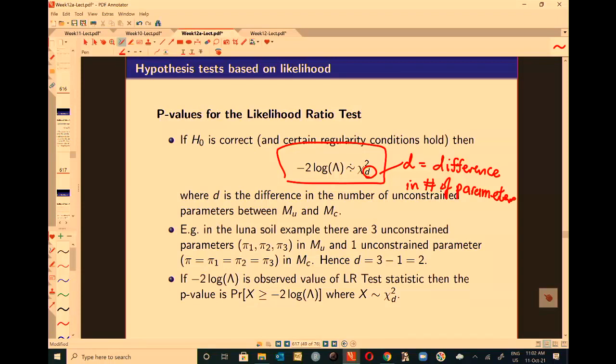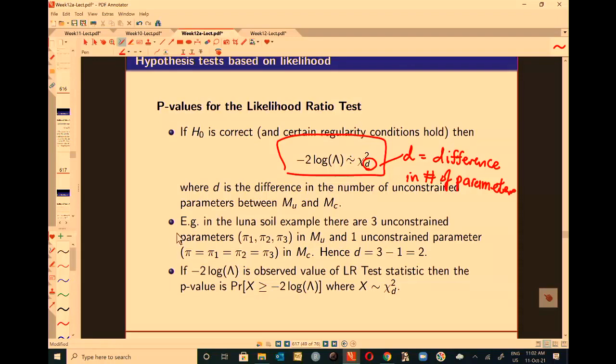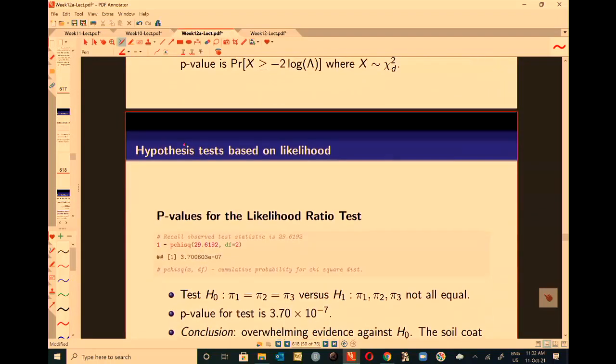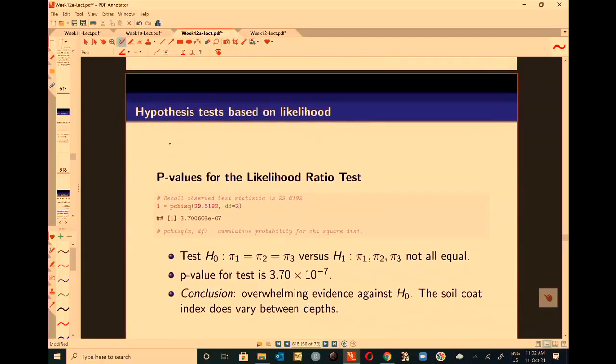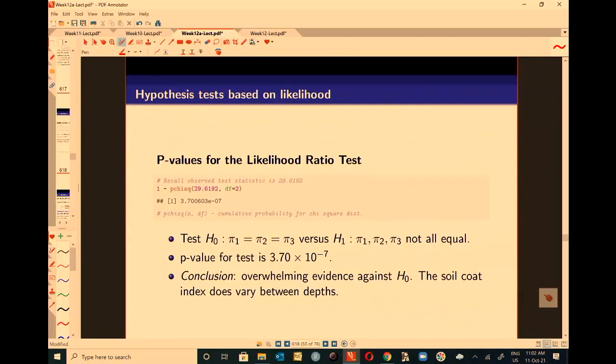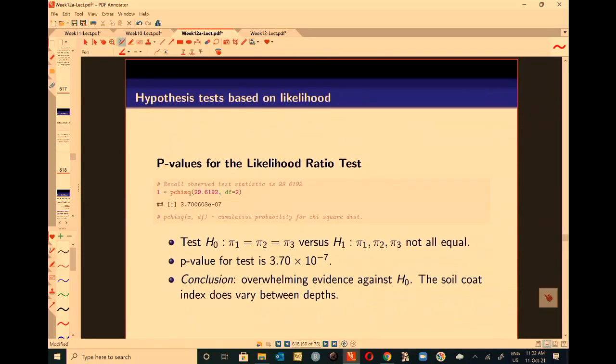As a very quick example, let's take a look at this situation. Some data is recorded there.